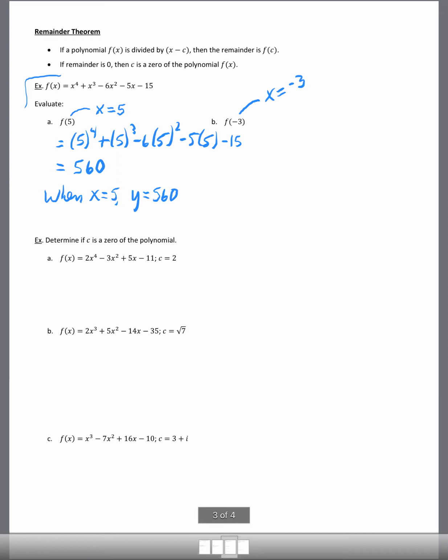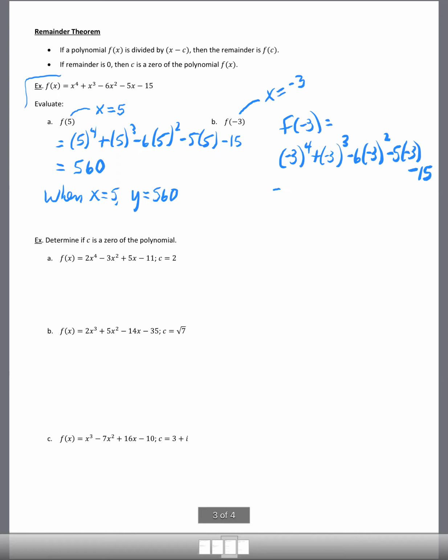So in our problem, let me rewrite it over here. This would equal -3 raised to the 4th power, plus -3 raised to the 3rd power, minus 6 times -3 squared, minus 5 times -3, minus 15.